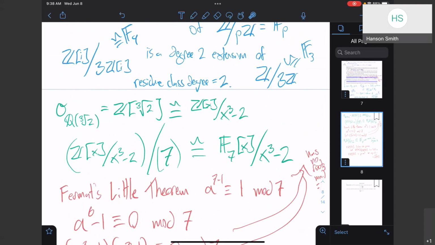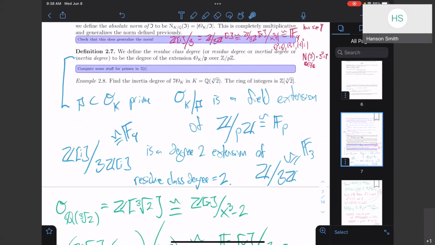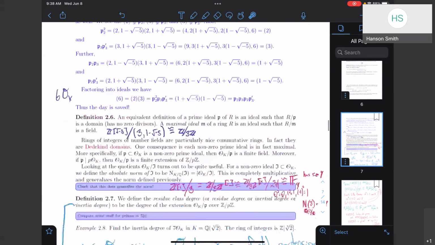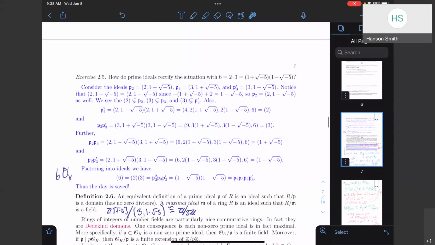So that lines up with what we hope happens. Here, we had another example of an inert prime. 3 stays prime in the Gaussian integers, has residue class degree 2, and the Gaussian integers are a degree 2 extension of Z.